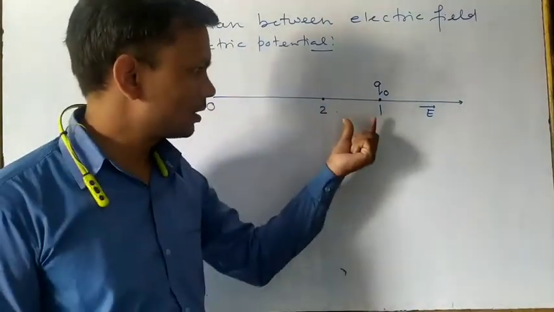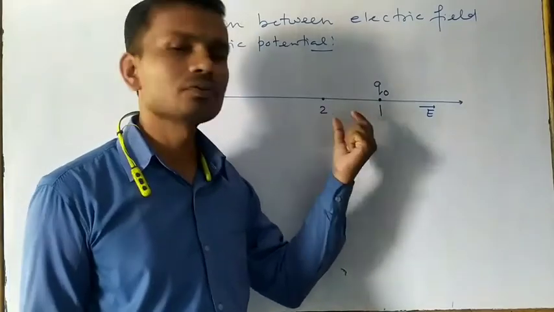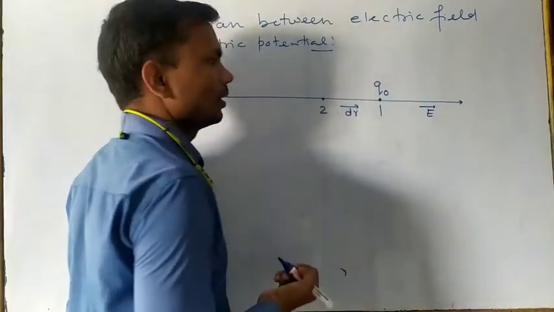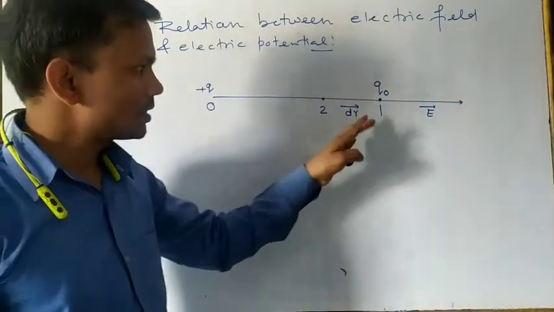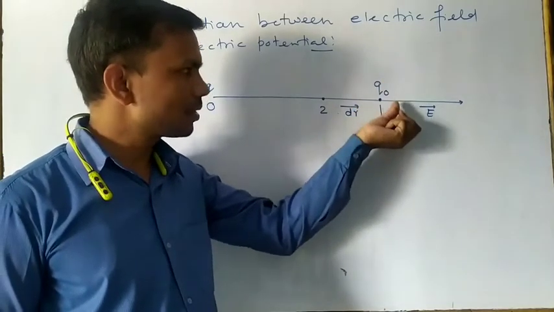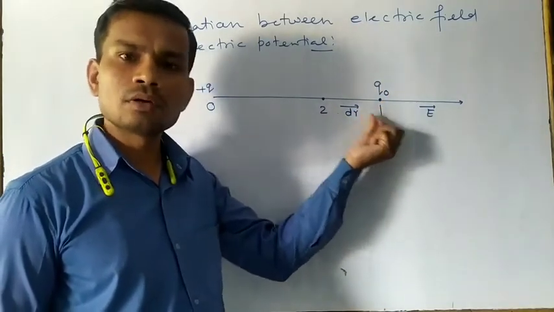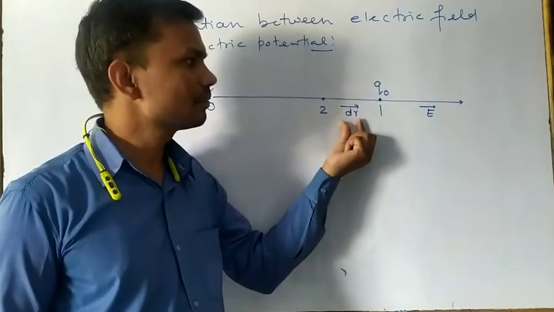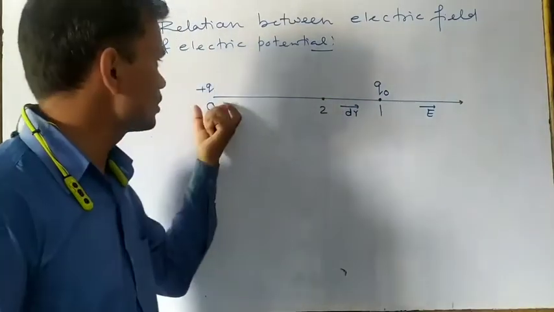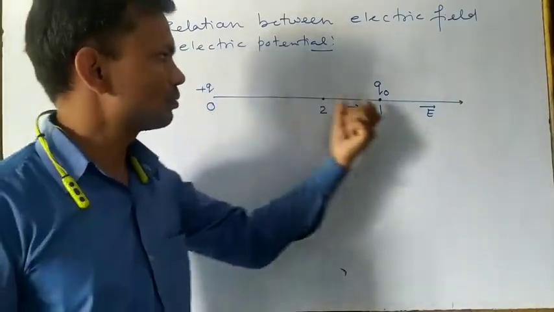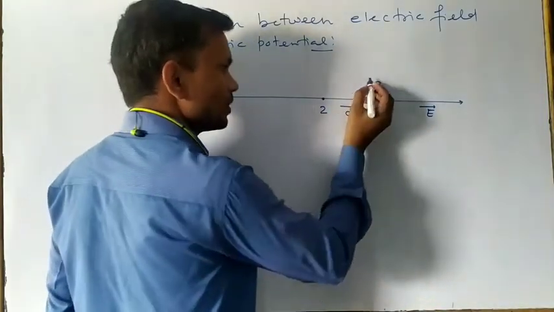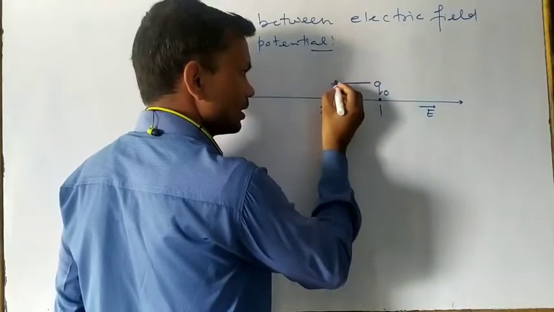And suppose the distance between 1 and 2 is too small, and we say that this is the vector dr. Now here you have to see, when we bring this unit positive test charge from point 1 to point 2 over this small distance, some external force is required against the electrostatic force between these two charges. So suppose we are bringing this unit positive charge in this direction.